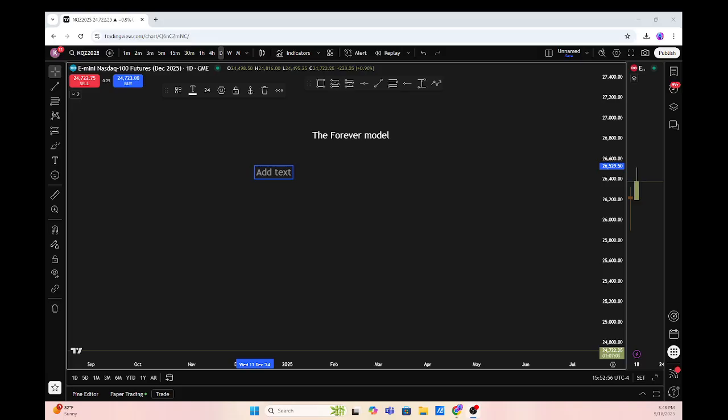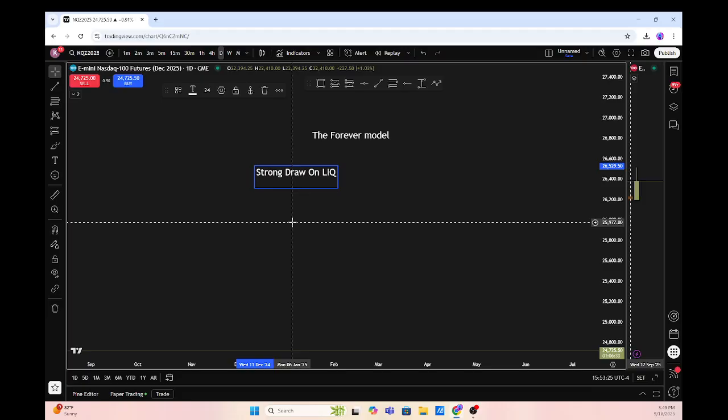So let's get into the model and what you need to know before we get into the actual mechanical part of the model, right? First, if we're trading the forever model, we need to have a strong draw on liquidity, right?